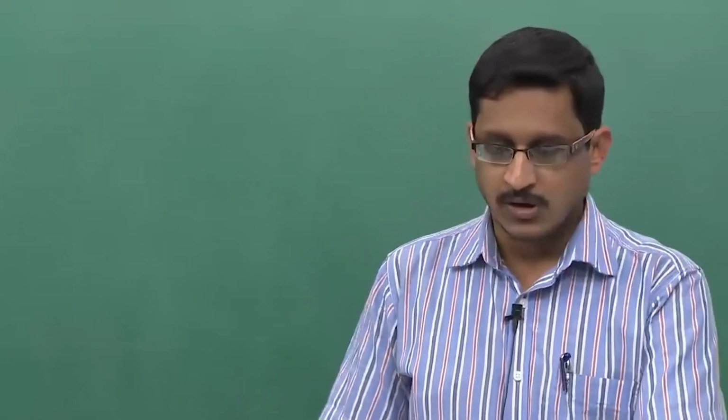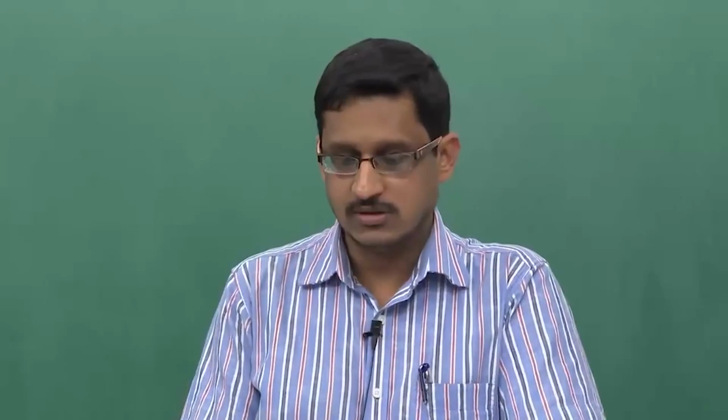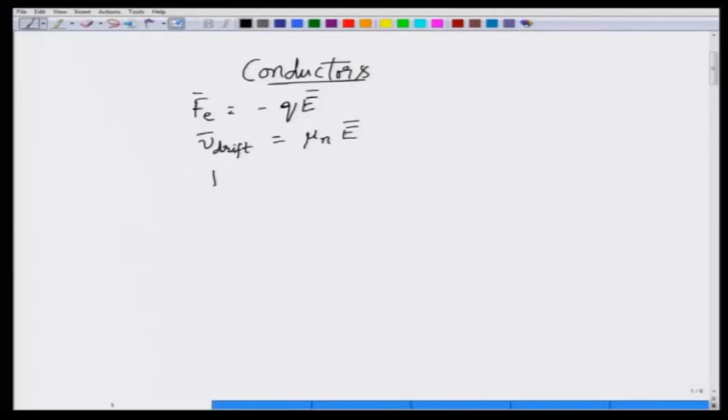And one can actually use this drift velocity and substitute it in the expression for the current density. We know that the current density is related to the electric field through the charge density rho times velocity v. And you can see that this charge density at any point will be given by n q mu. I am writing this for the case of an electron, and I am not really using the minus sign.